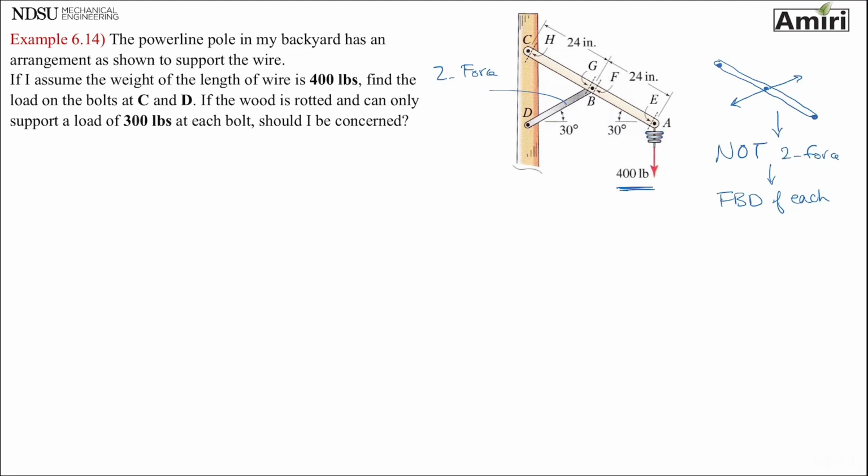Okay, so let's see. I have a free body diagram of CA, and then I have another free body diagram of a two-force member right there. Tension, so it's tension. Okay. All right. Point C is a pin, so I'm going to put a Cx and a Cy.